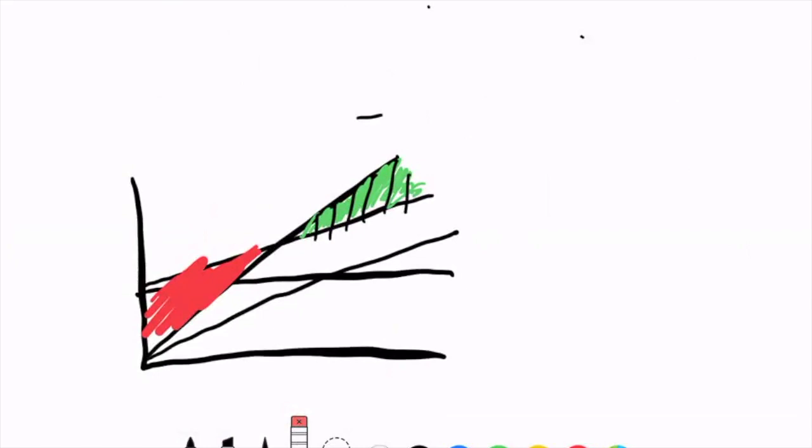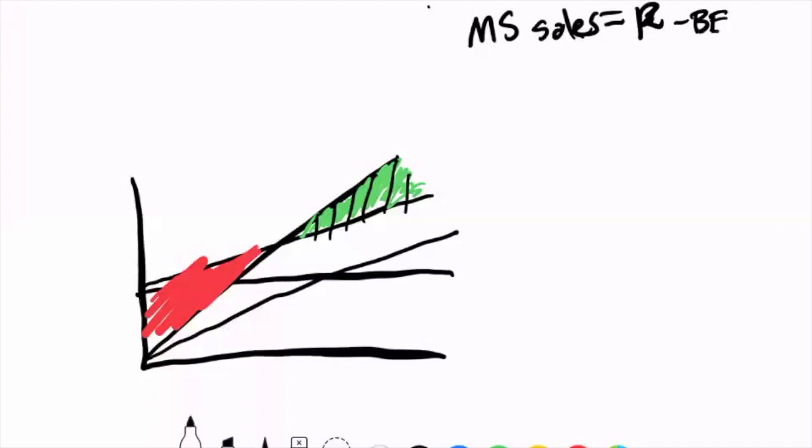Okay. So let's go ahead and try to understand our margin of safety in sales. Margin of safety in sales equals your revenue minus your break-even point in sales.